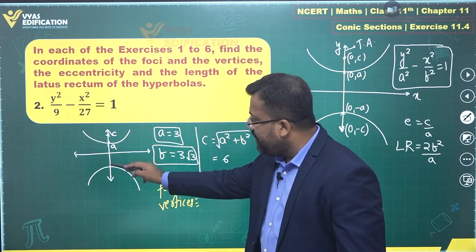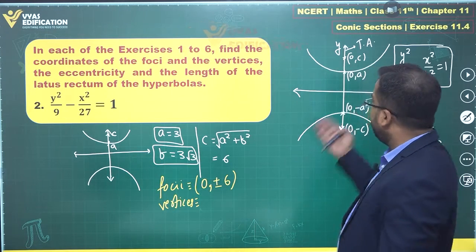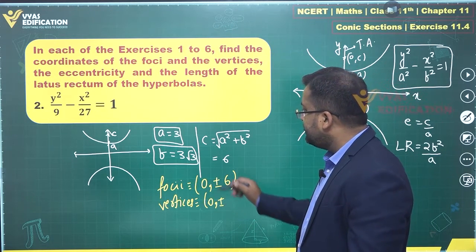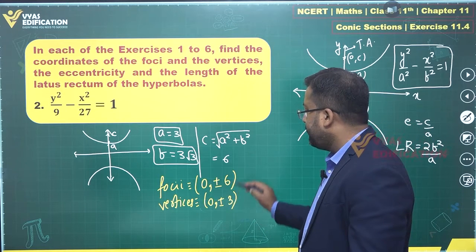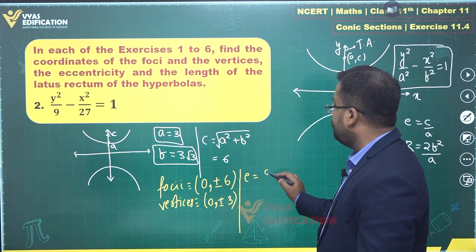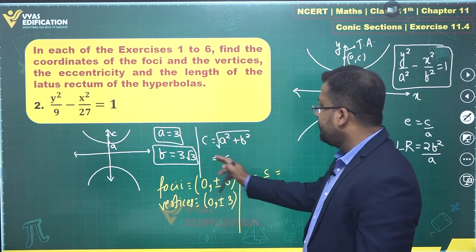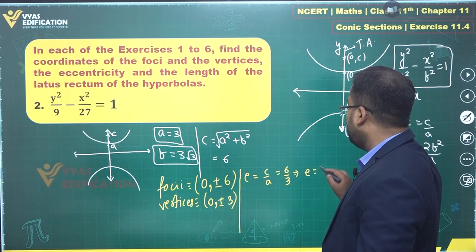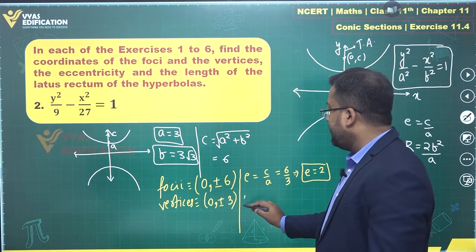Vertices will be 0 comma a, 0 comma minus a, which is 0 comma plus or minus 3. So foci and vertices have been found. What next? Eccentricity is equal to c upon a, which is 6 upon 3, so e is equal to 2.